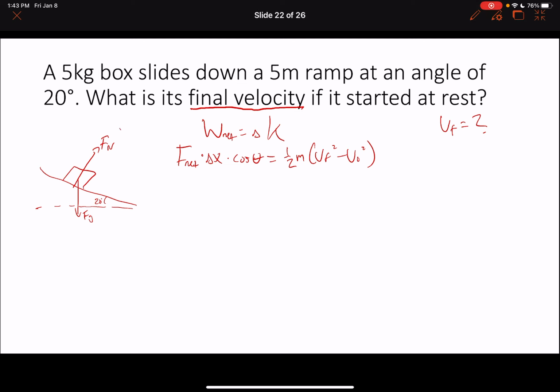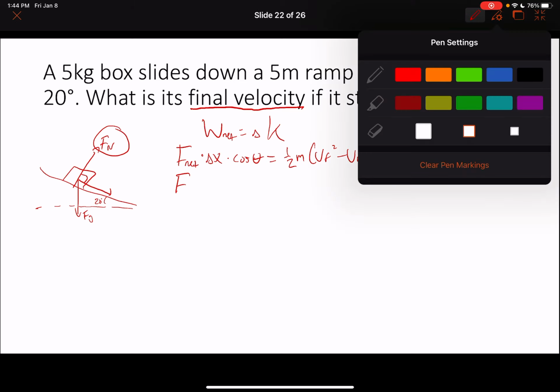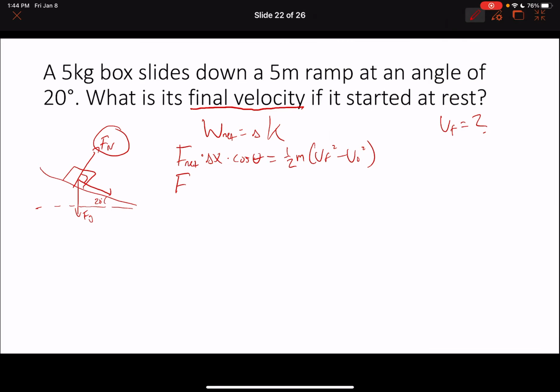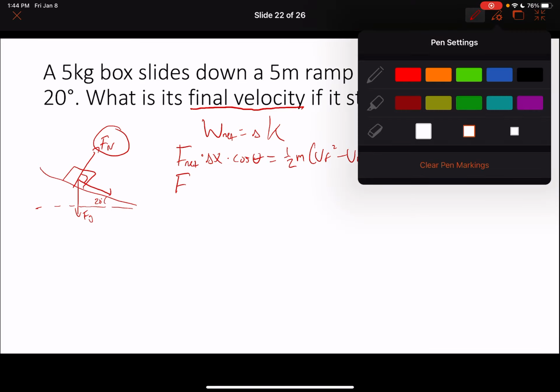If you remember this normal force right here, the work done by the normal force is 0. Do you remember that? That is perpendicular to the slope. This thing goes down the slope, normal's up, so that's a right angle right there. Therefore, the work done by the normal force is 0. And so, although we're not going to use all of F G because we're going to use a component of it, the cosine theta will do that work for us. And so on slope problems, we're just going to assume that the net force is F of G for now.